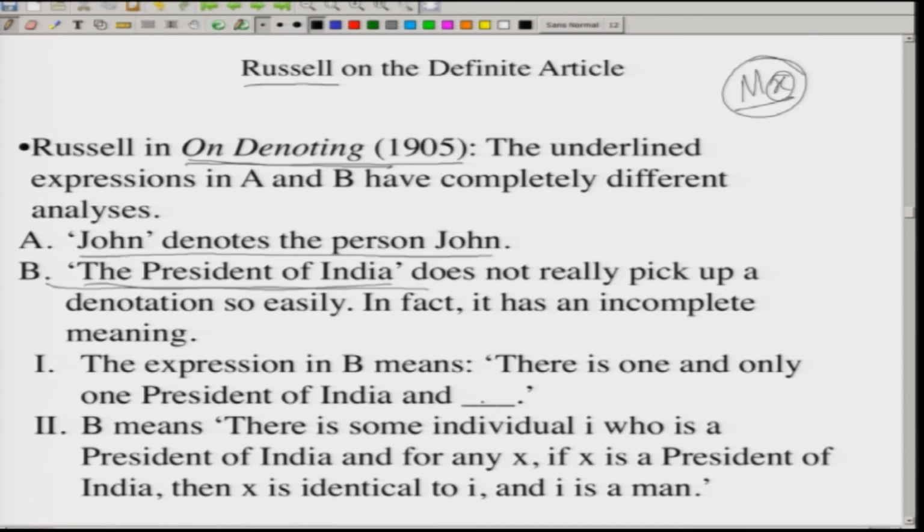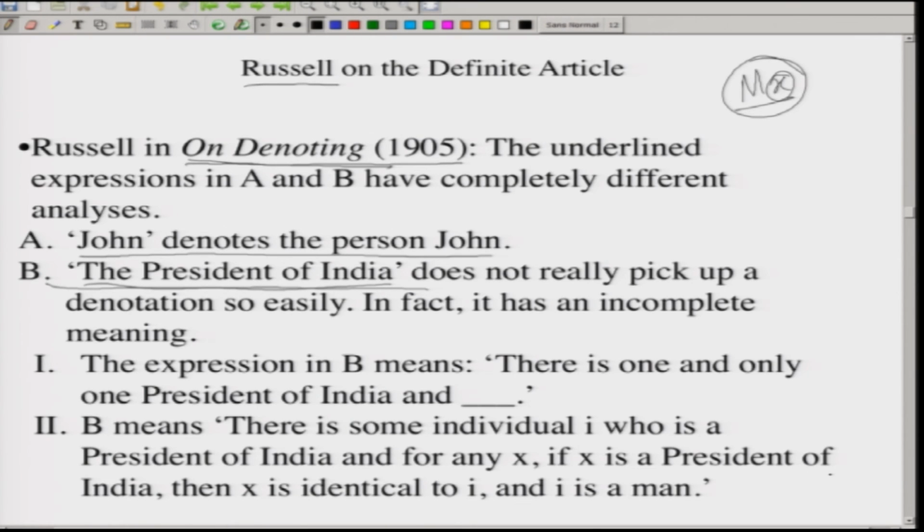So, the whole sentence in B means that there is some individual I who is a president of India, and for any x, if x is a president of India, then x is identical to I, and I is a man.